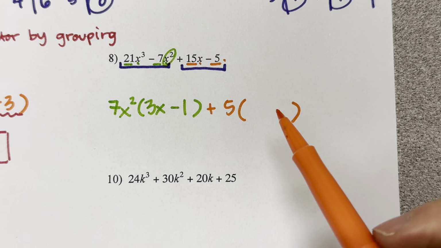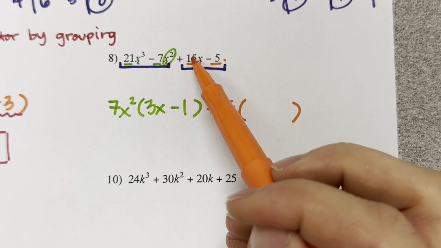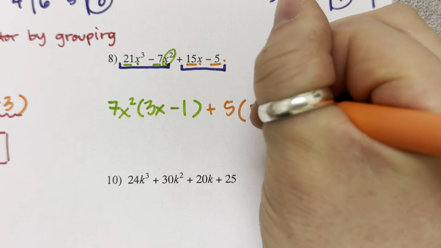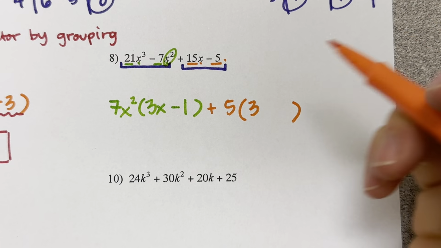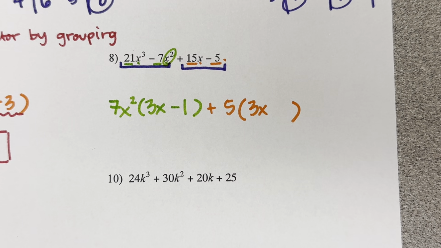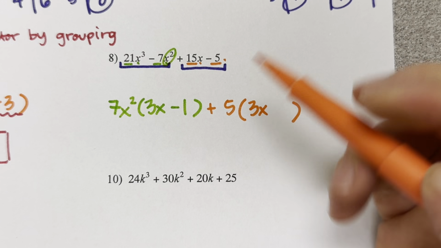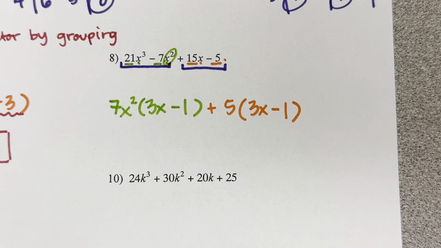We figure out what's left inside by dividing each term by our GCF. 15 divided by 5 is 3. I could not divide out any x's, so we're still left with an x. Negative 5 divided by positive 5 is negative 1. No x's attached.